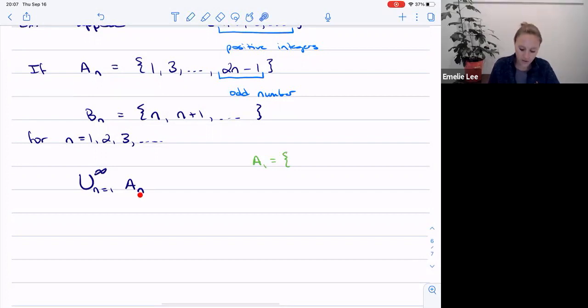It's going to go from 1 up to 2n minus 1, but 2 times 1 is 2, minus 1 makes 1. And so A1 is just the set 1. A2 is going to go from 1 up to 2 times 2, which is 4, minus 1, which is 3. So then 1 and 3.